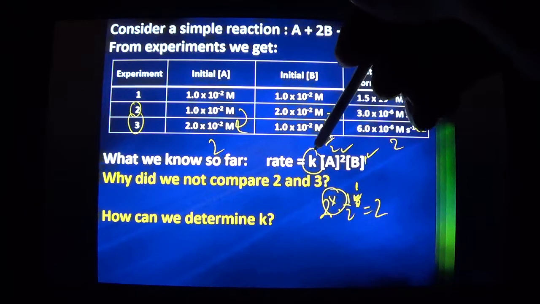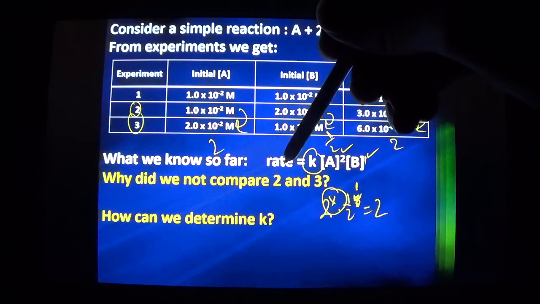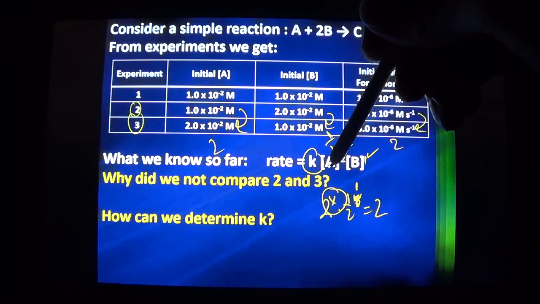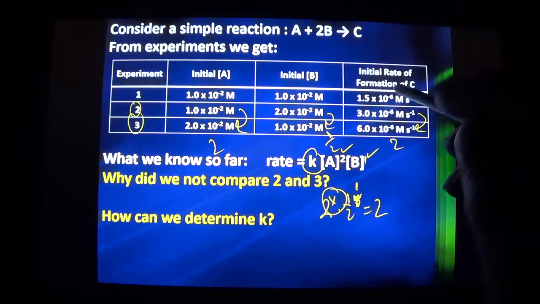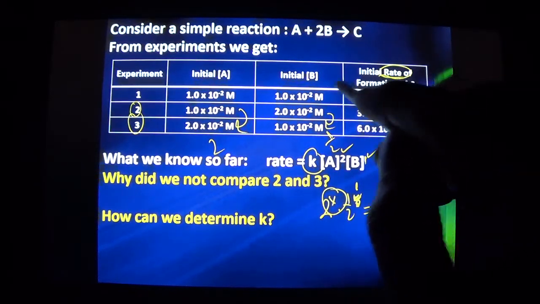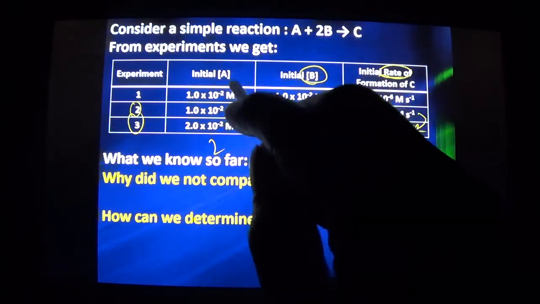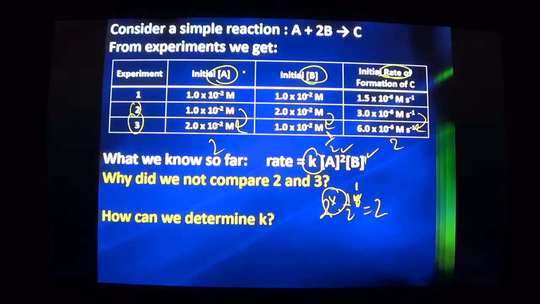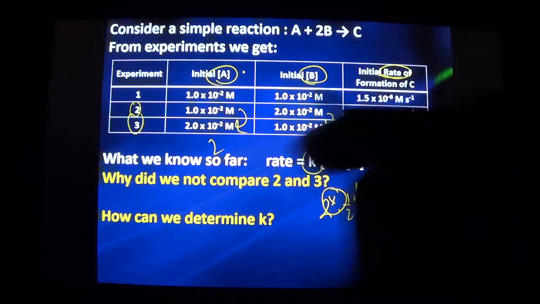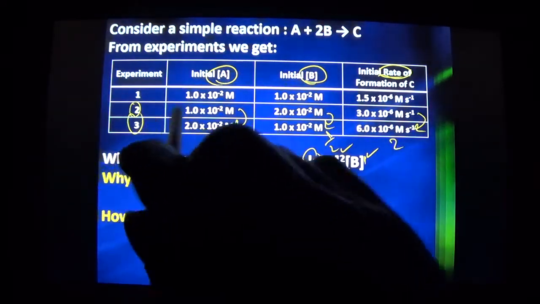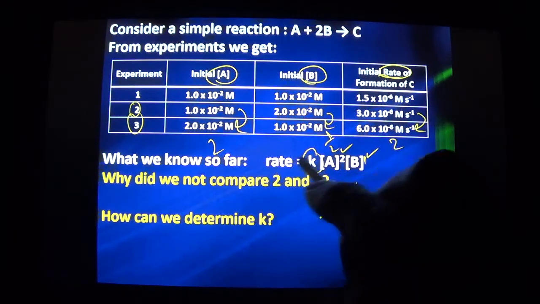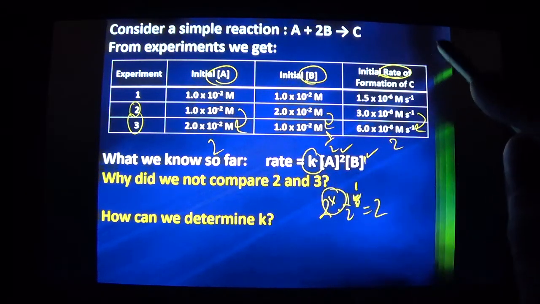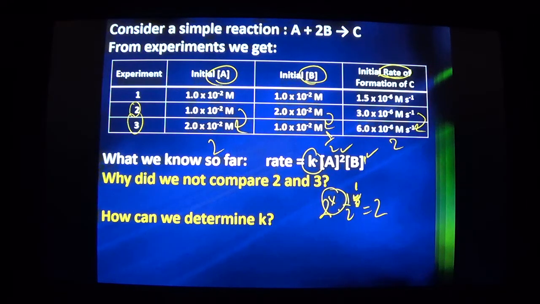Well, to solve for K, I would need to know a rate, I would need to know a concentration of A, and I would need to know a concentration of B. Oh, we have the information in the chart. We could pick an experiment and we could plug in those numbers to our rate law, and everything would be plugged in except for K, and then we'd solve for K.